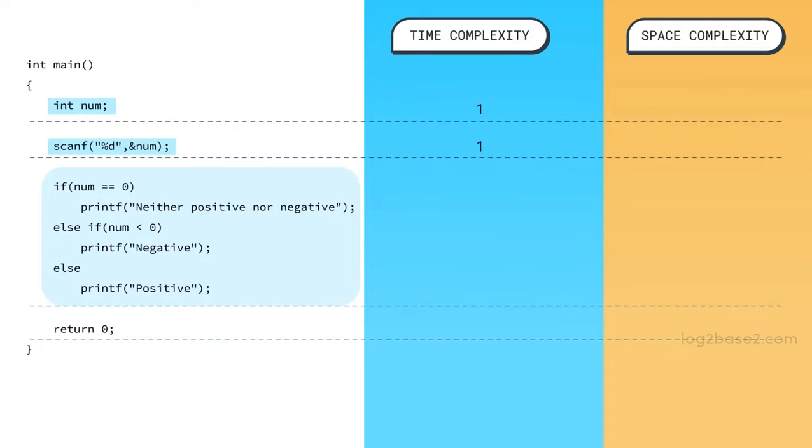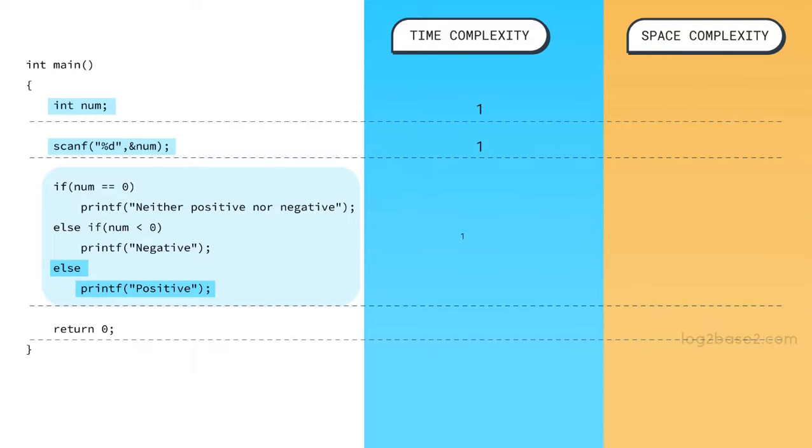And if num equal to minus 1, if will fail, else if will work and else will be skipped. And if num equal to 4, if will fail, so it won't work, and else if will also fail, and hence it will be skipped and the else part will only work. So for an input value, only one of these three will work.